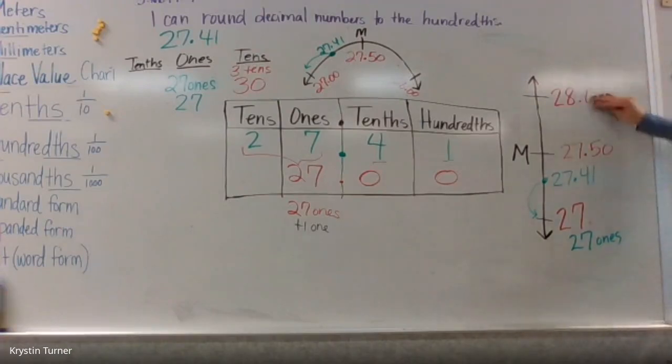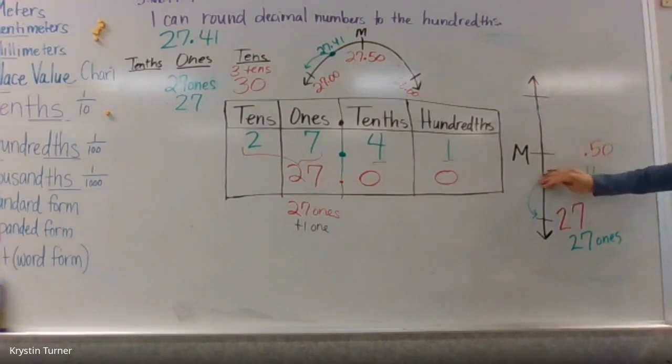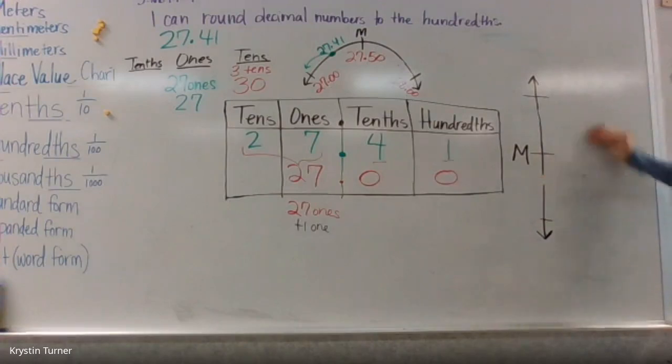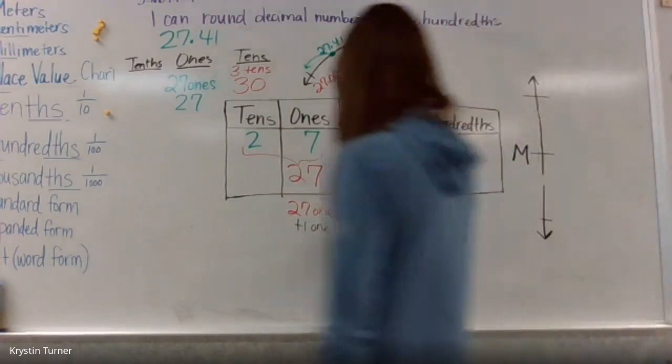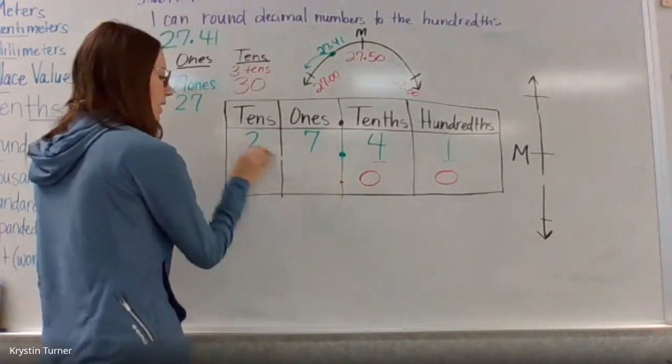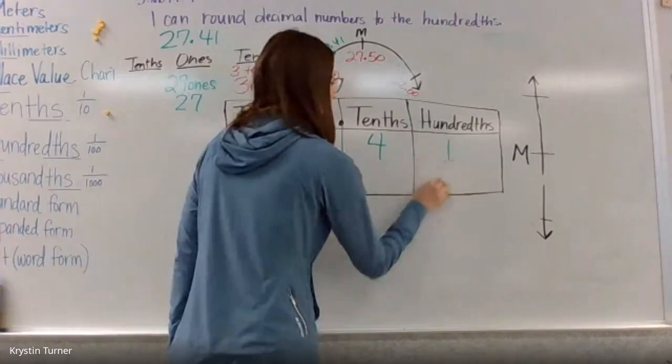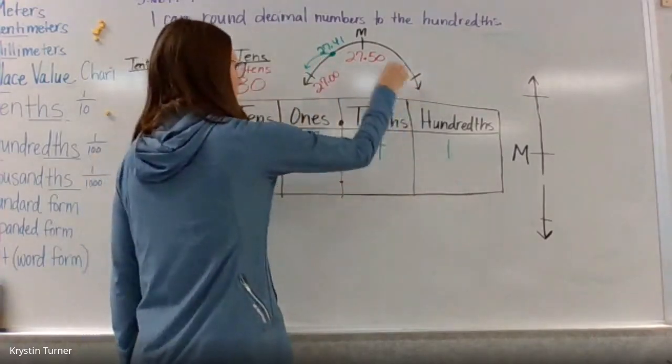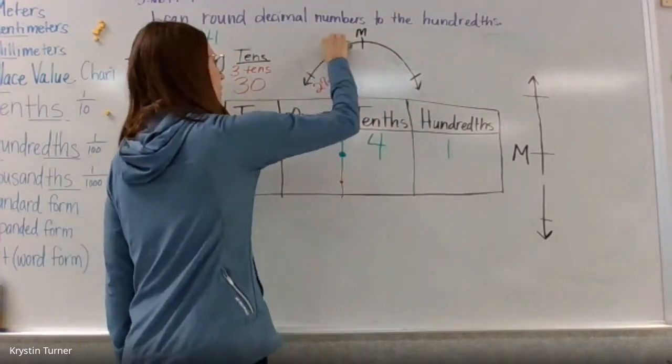Okay, let's round it to the tenths. So thinking about tenths, how many tenths do I have? It looks like I have a 4 in the tenths place. So I have 27 and 4 tenths as my baseline number.